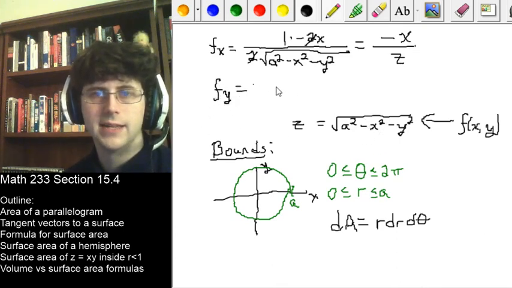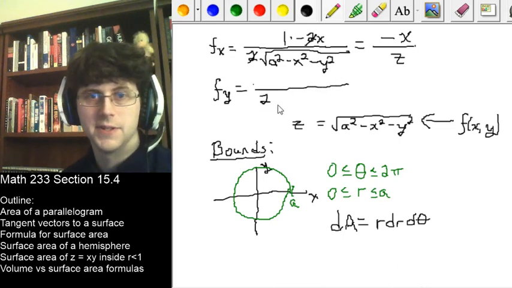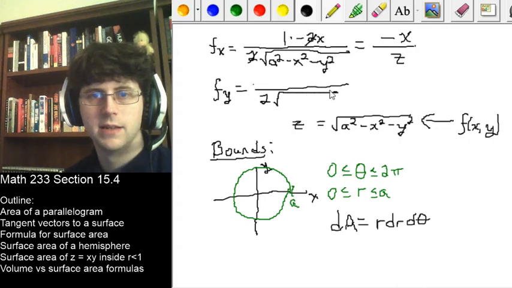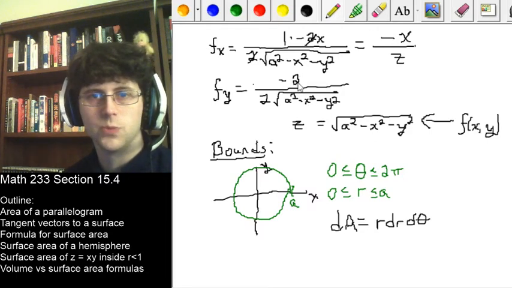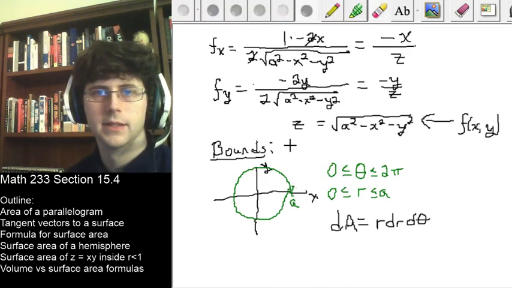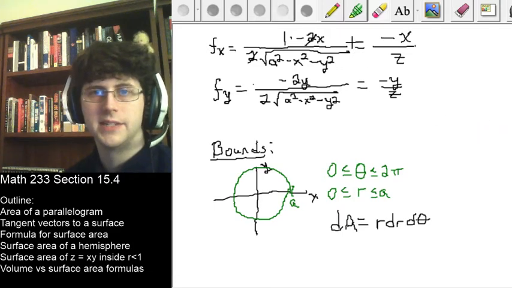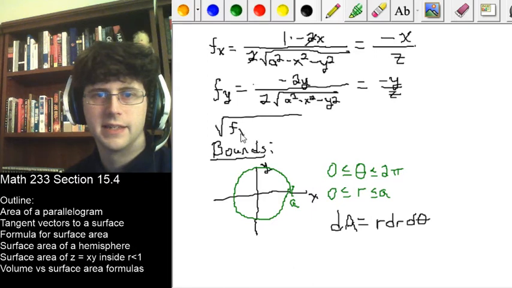Then I'll do fy. Fy is going to be the same thing at first, just the chain rule will be different. What we get from the chain rule this time is minus 2y. So when the 2's cancel, we're going to get minus y over z. So the thing we actually need to integrate is the square root of fx squared plus fy squared plus 1.